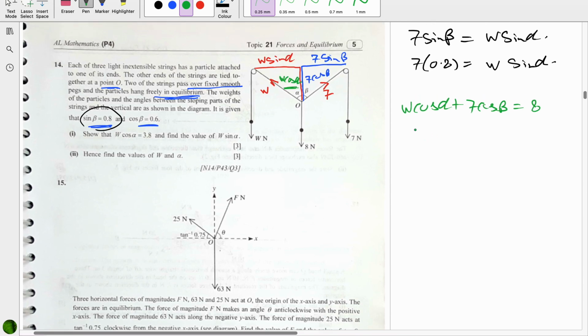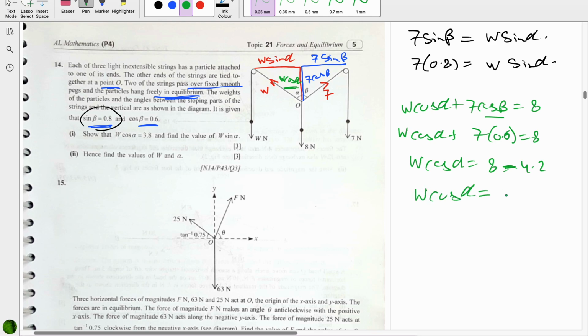So now we just substitute the values. W cos of alpha plus 7 cos beta, which is given in the question, that is 0.6, equals 8. So W cos alpha is equal to 8 minus 7 into 0.6, that is 4.2. So 8 minus 4.2 is 3.8.